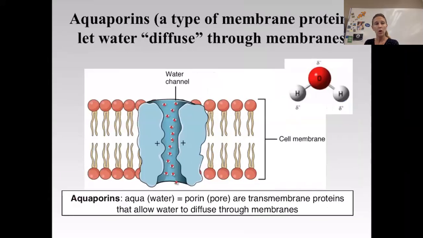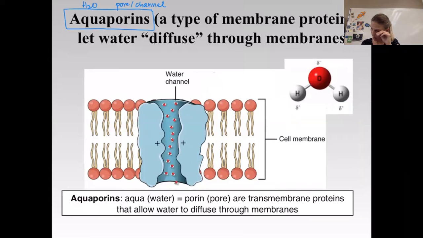We have a special type of membrane protein called aquaporins. Aquaporin is a really good name, because aqua means water and porin means a pore or a channel, right? This is a membrane protein embedded in the plasma membrane. It has a channel, or kind of a hole, through it where water can get through plasma membranes.